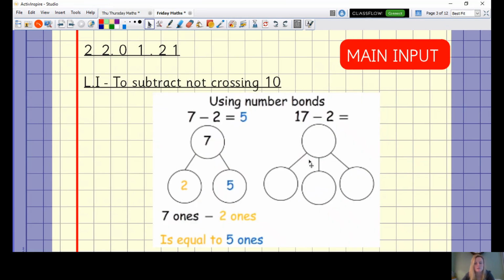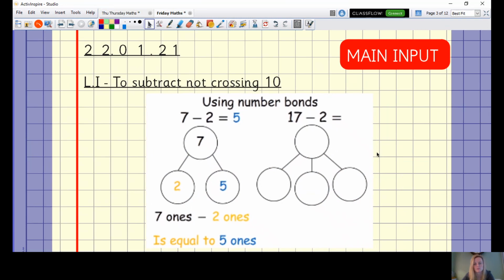Okay, so these are the types of questions we're going to do today. So we're going to use number bonds. I'll put it down here. I've got 7 minus 2 equals 5, and then I've put that into a part-part whole model. Now, 5 is my answer. Should 5 go on the top here? No, it shouldn't, because the whole number should be the bigger number.